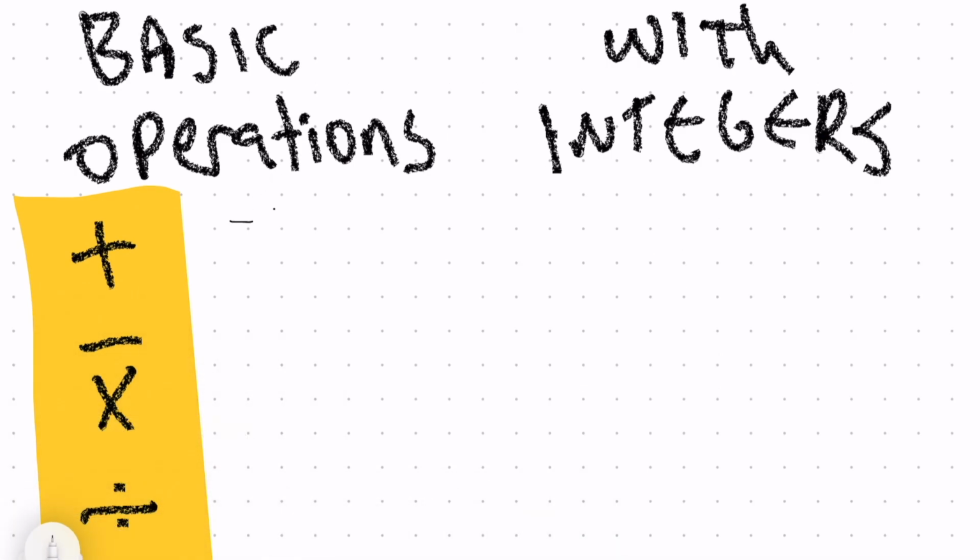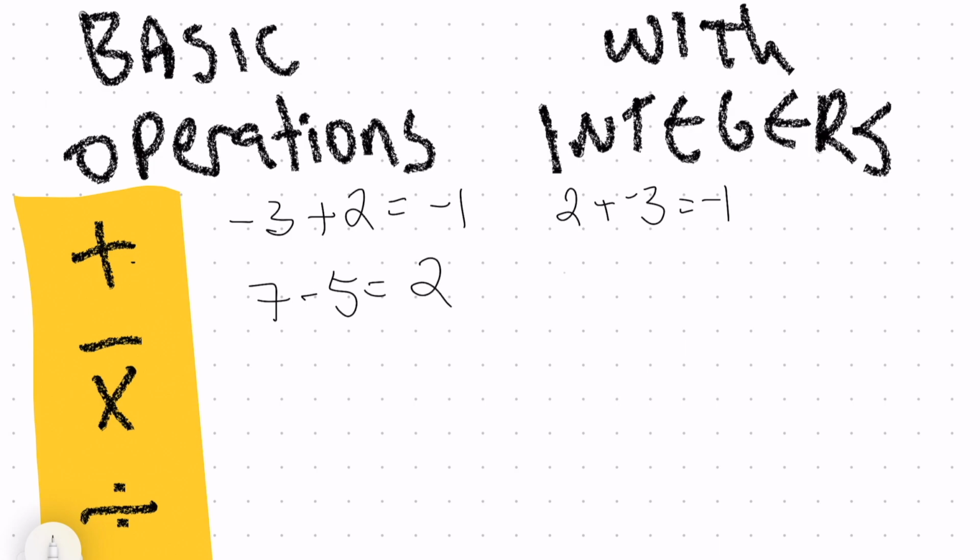Let's recall that a negative plus a positive will give you a negative. And whereas with addition, you can flip the numbers and you get the same sum, that's not the case with subtraction. If we have 7 minus 5, that will give us 2, but if we have 5 minus 7, that will give us negative 2.